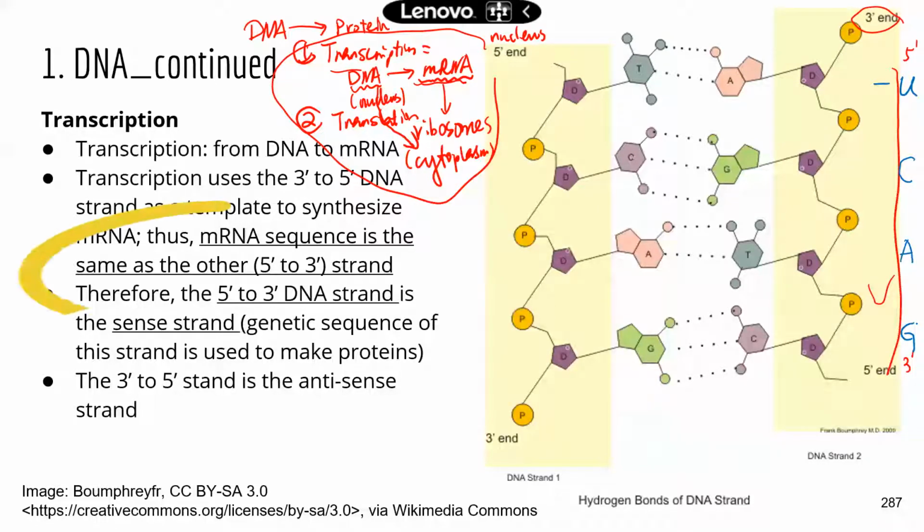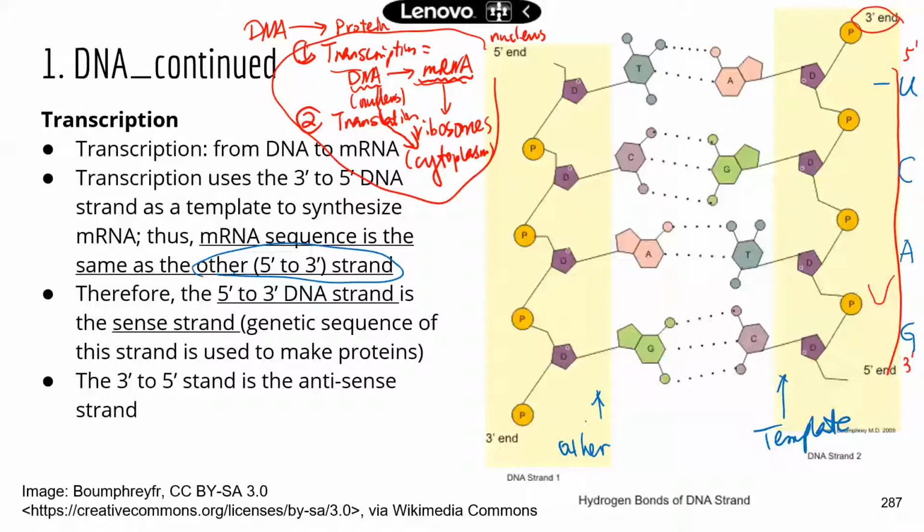All right. Now, over here, the information says that the mRNA sequence is going to be the same as the other strand. So if this is the template strand over here, this is the other strand that the text was referring to. And it is the same, right?